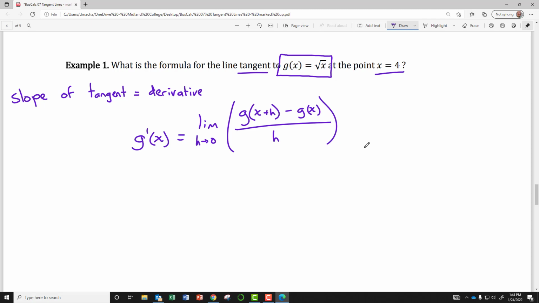So remember, my g function is just the square root function. So this is going to be the limit as h approaches 0 of square root x plus h minus square root x divided by h.